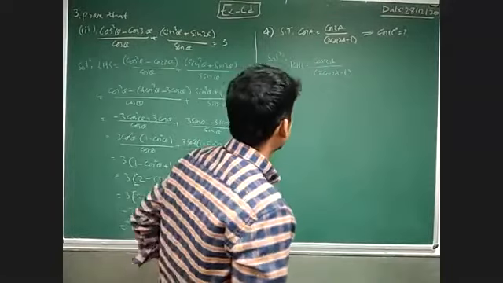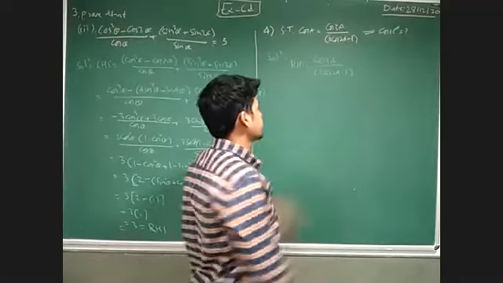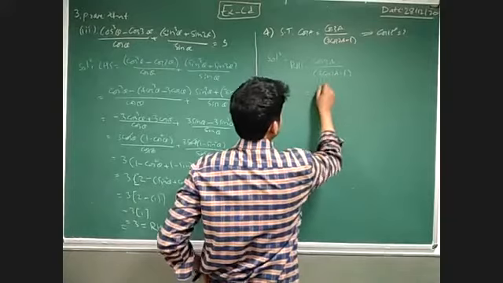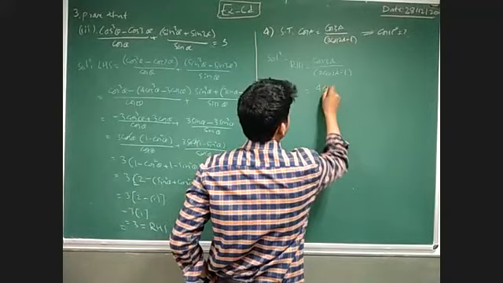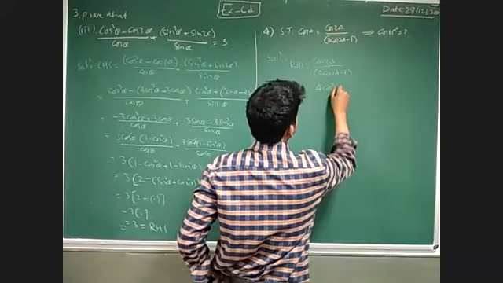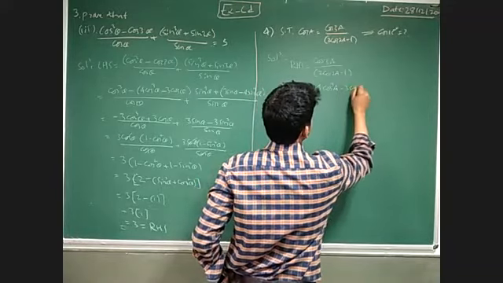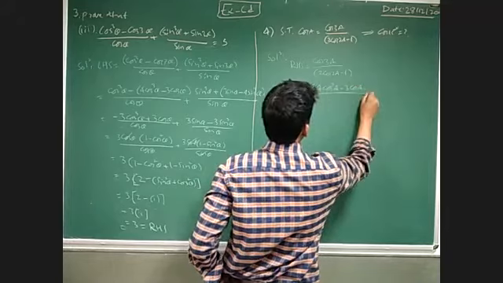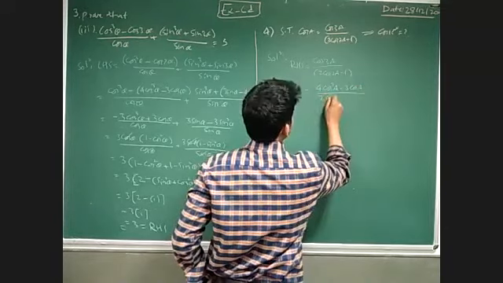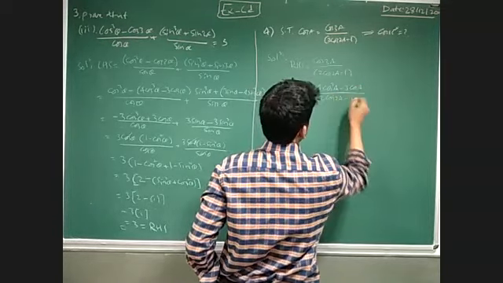Now we have to prove this right hand side is equal to left hand side. Okay, I know the formula of cos 3A, that is 4 cos cube A minus 3 cos A. And 2 cos 2A minus 1.